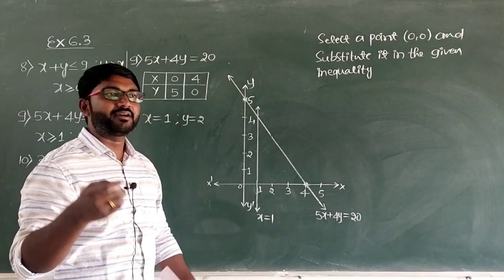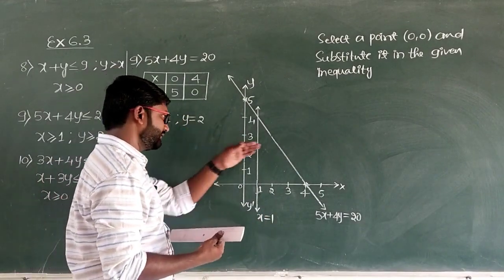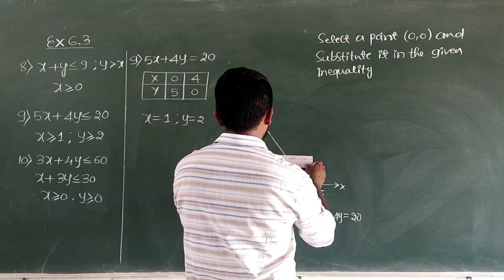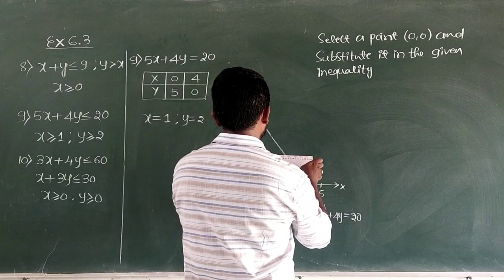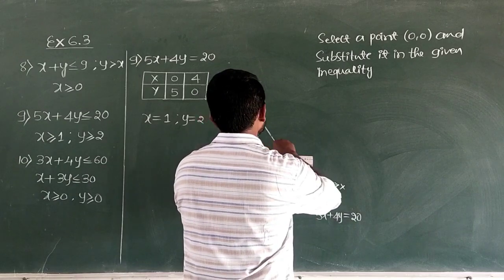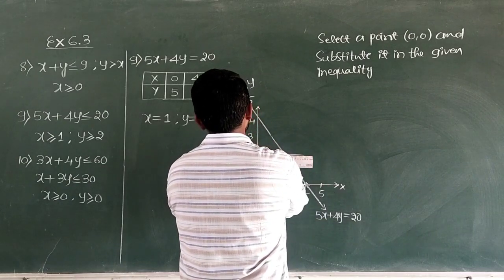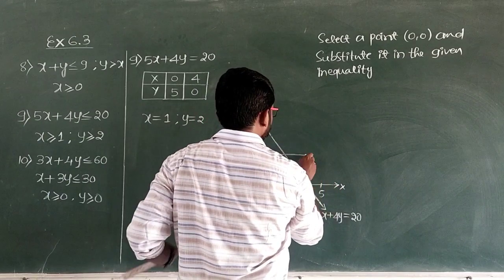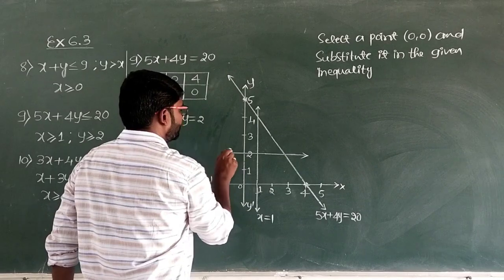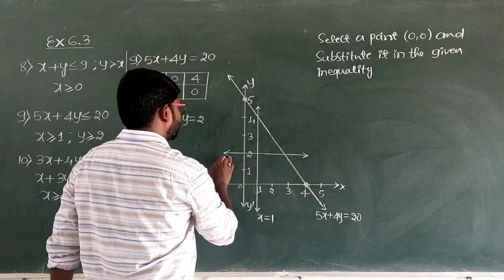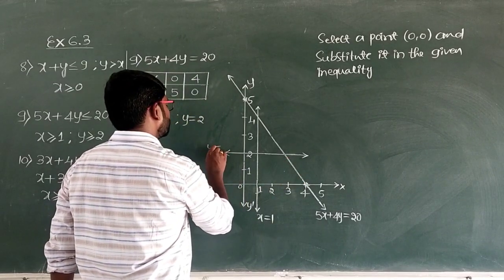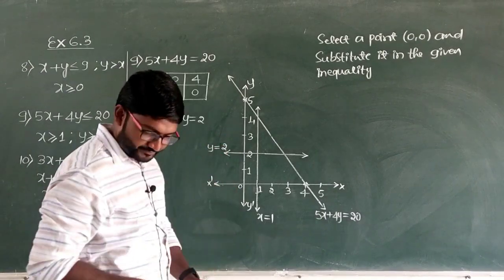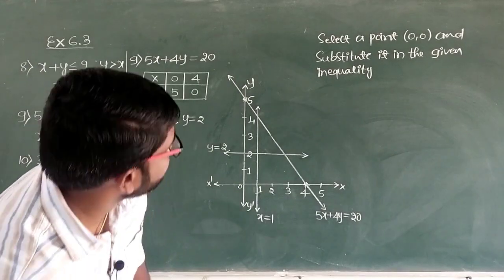Now, we have to draw another line, y equal to 2, a horizontal line which is parallel to the x axis. So, this is y equal to 2.